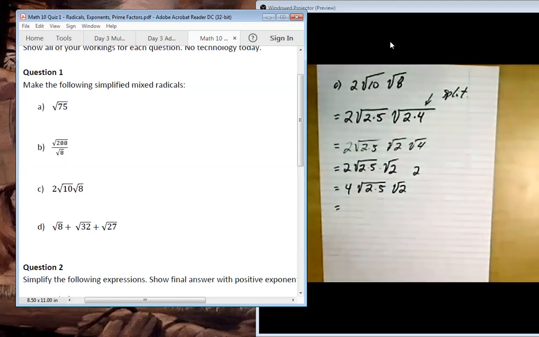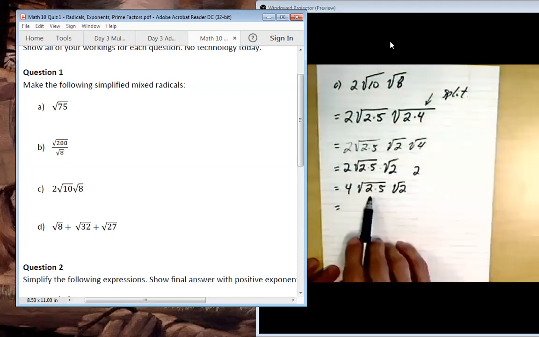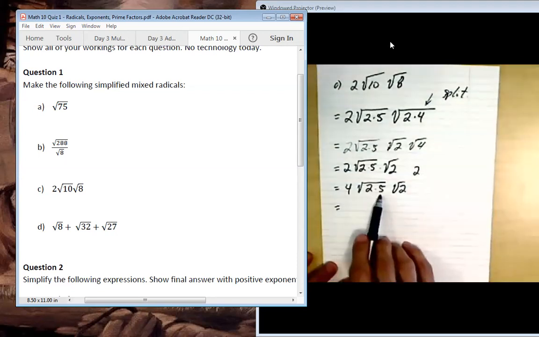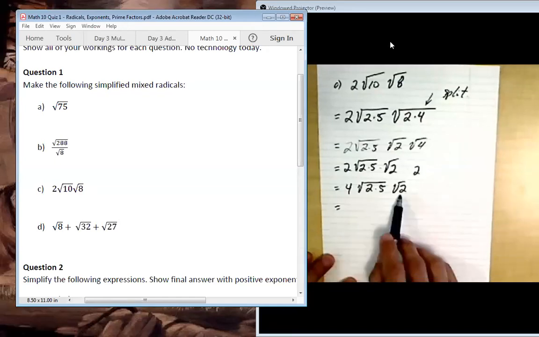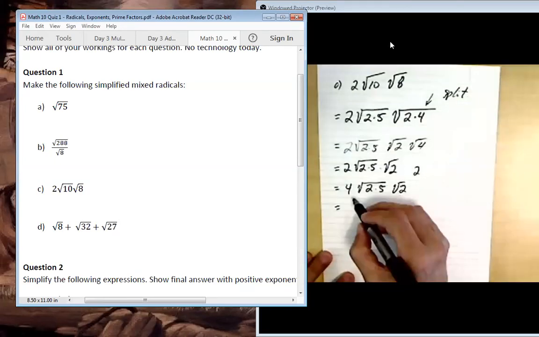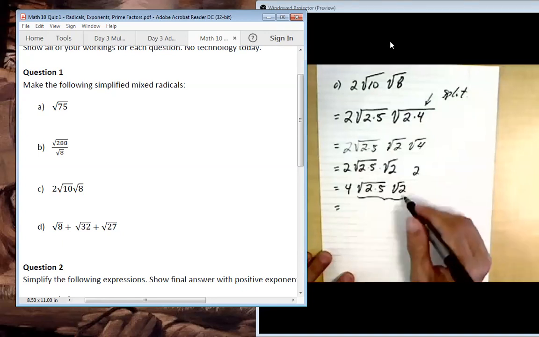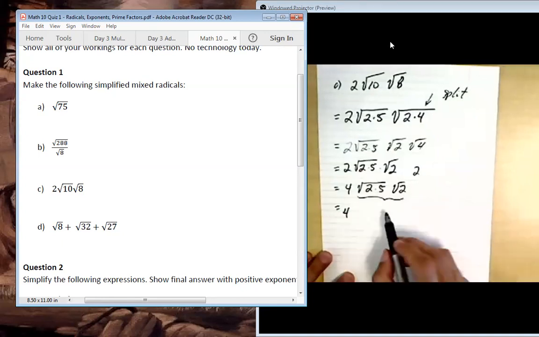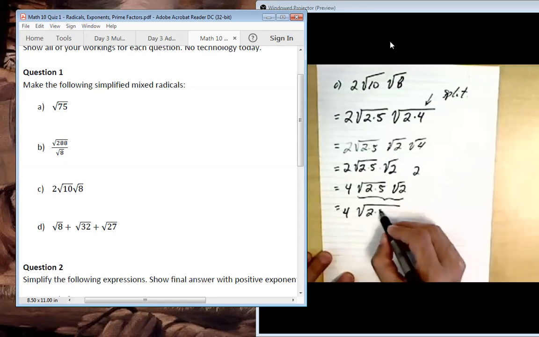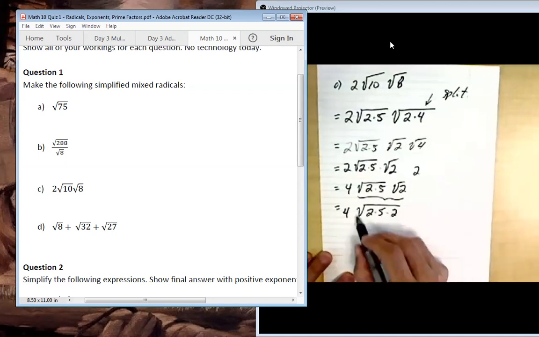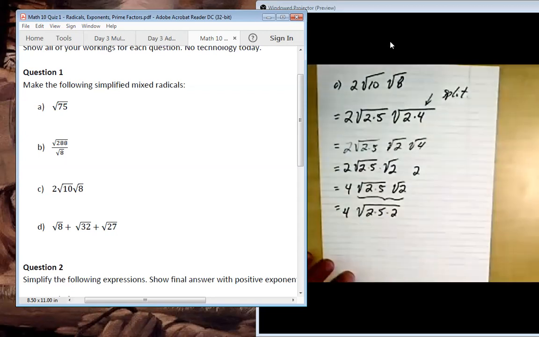Split it into 2 and 5. If we're looking at those, there's no square number on the inside, right? So it's kind of finished. But look at this, we got a 2 over there. What we can do, watch, is multiply these together, and then they all go underneath the same square root.